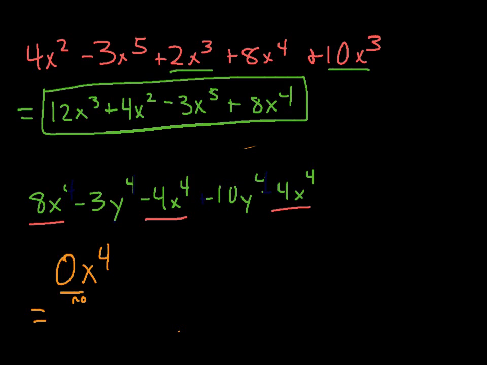But then I also have to put my other stuff together. So negative 3y to the 4th plus 10y to the 4th gives me 7y to the 4th. So now 7y to the 4th plus 0x to the 4th, which is just 0, I can just write my answer to be 7y to the 4th.